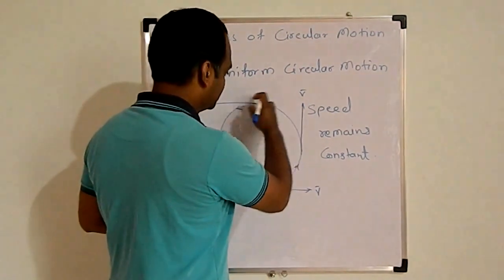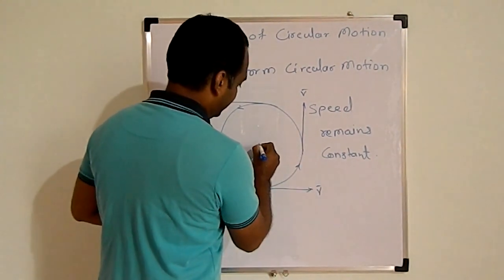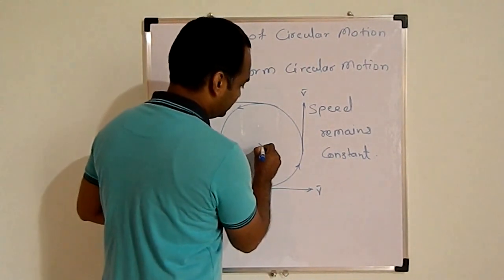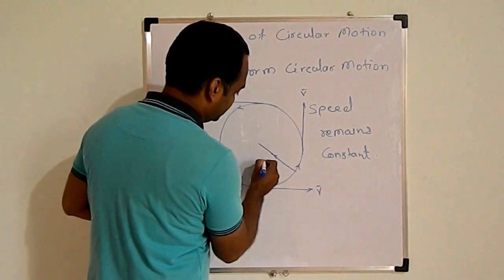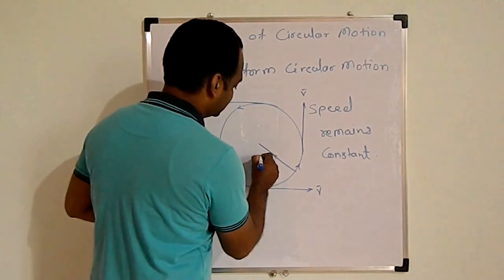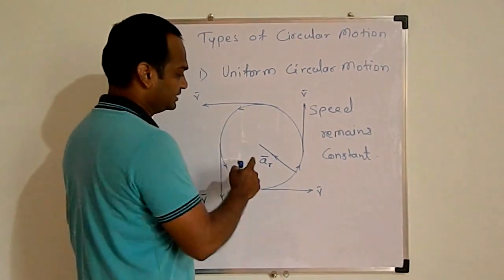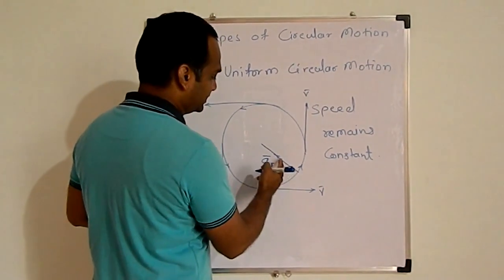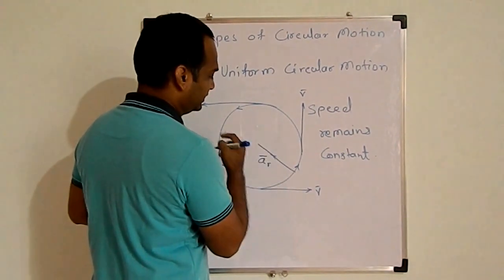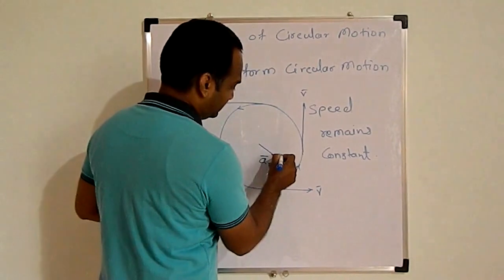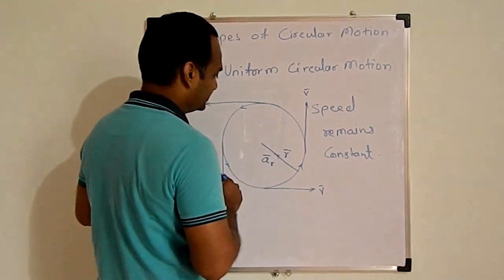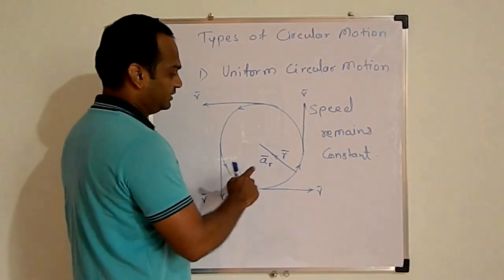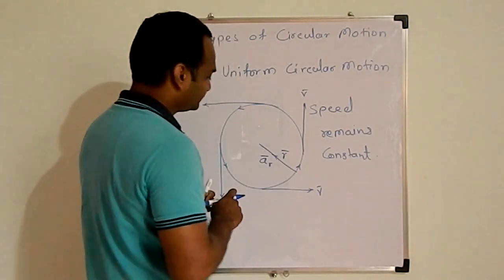Due to this, an acceleration acts on the body, and this acceleration is radial acceleration. This means the acceleration acts along the radius vector r bar.